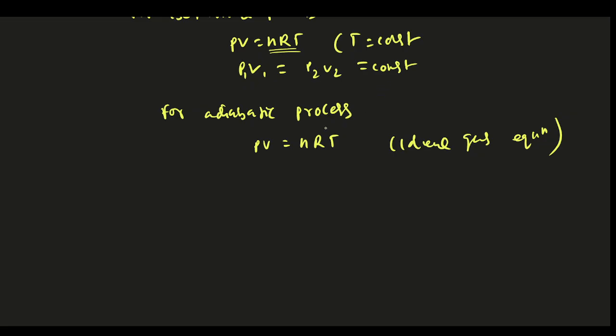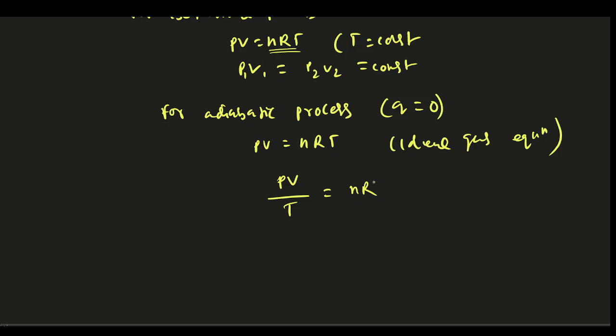But for the adiabatic process, only q is equal to 0, and q is not in the ideal gas equation. So here PV over T equals constant, equals nR.